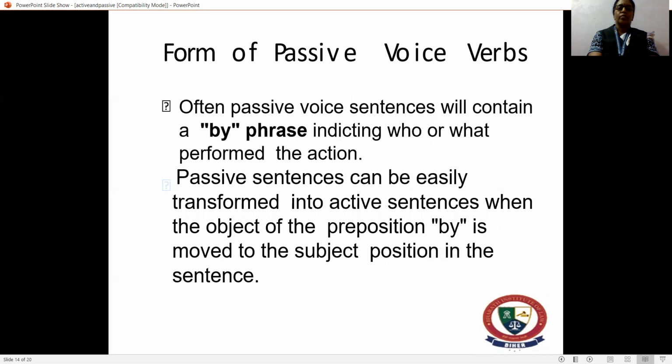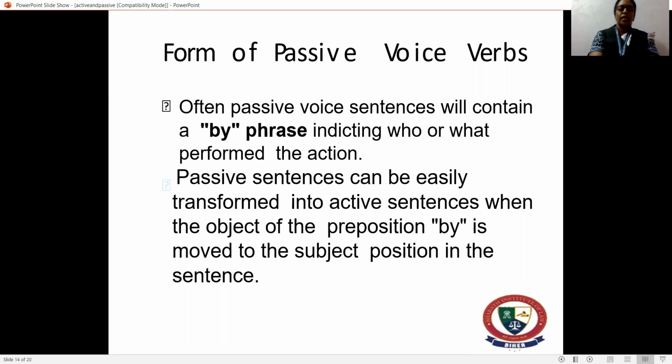Next, form of a passive voice verb. Often passive voice sentences will contain a by phrase. This is the second rule one must remember. The by phrase indicates who or what performed the action. This is a very easy method, or a shortcut. Students can easily identify the passive voice sentence.